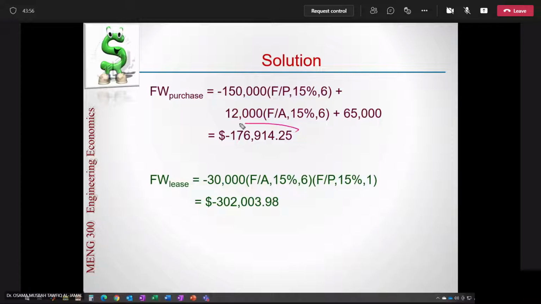This will cost me less than the other one. That's why I'm going to select the purchase. Less cost. So purchase the clamshell because it is going to cost less.